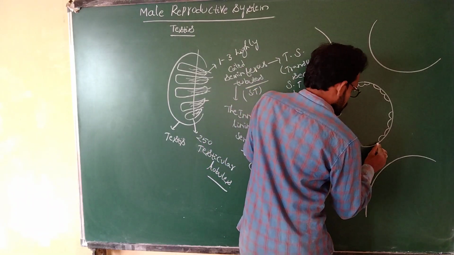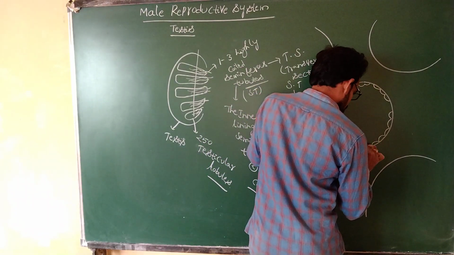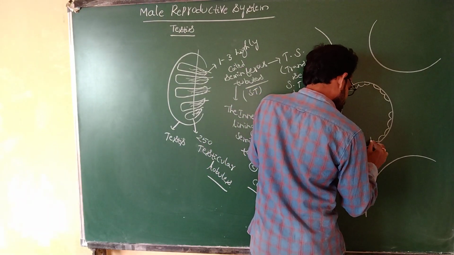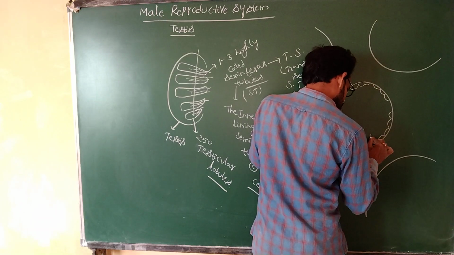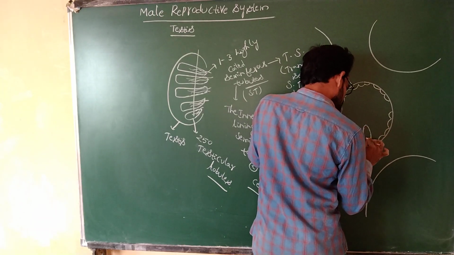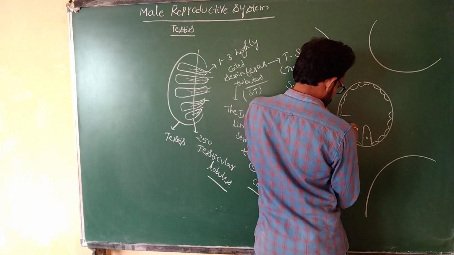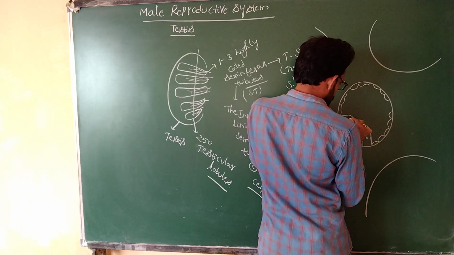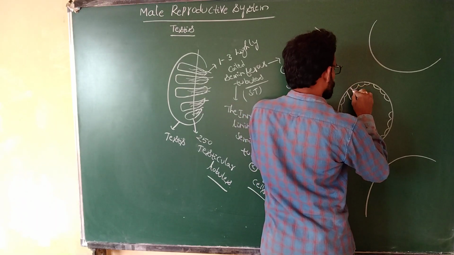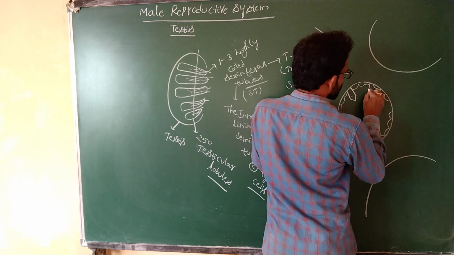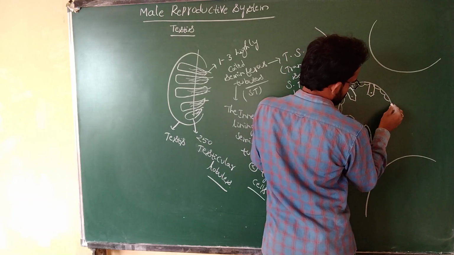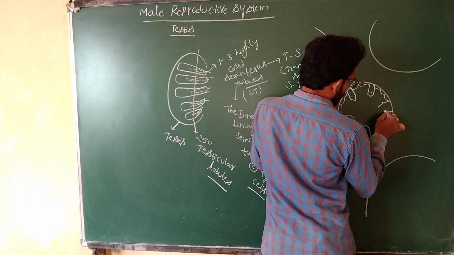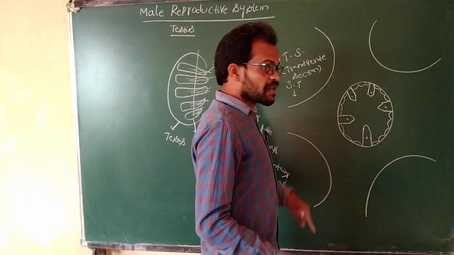See here, the cylindrical shape is known as the Sertoli cells. These are the two types of cells in the seminiferous tubules.